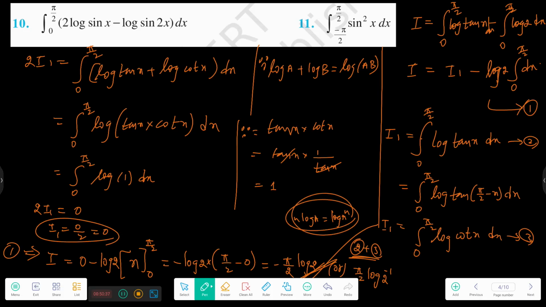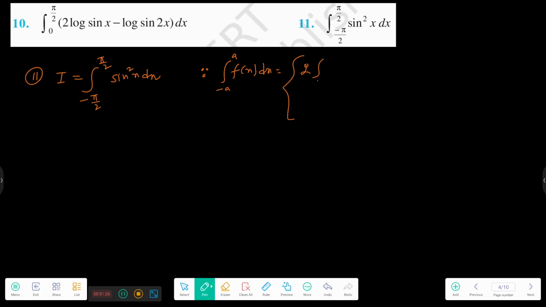When you apply it, pi by 2 log of 1 by 2 you will be getting. This is the book back answer they gave. Not an issue. If you stop here also, they will accept it in the board. Understand?